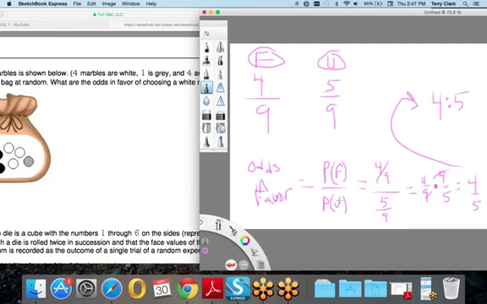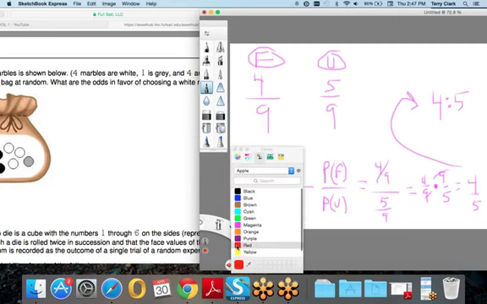Okay. And another thing, if we look at patterns and observe patterns in the problem, what we'll notice is that the favorable is the numerator in the probability of favorable, and it's compared to the unfavorable.